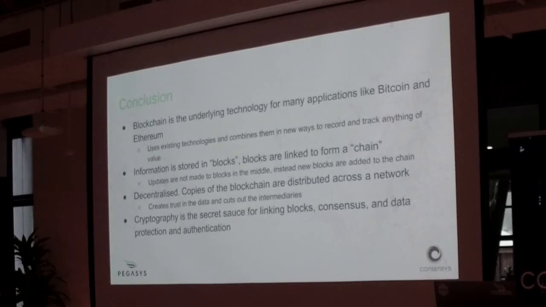And cryptography, as I like to think of it, is the secret sauce for linking our blocks, for providing this consensus, and for providing data protection and authentication of our data. And industries right now are implementing blockchain. It's happening now.